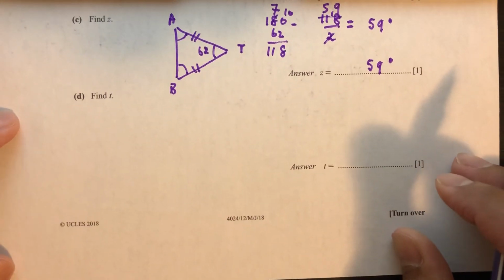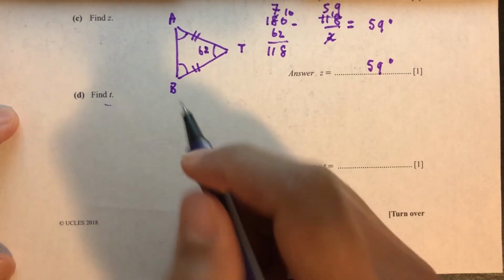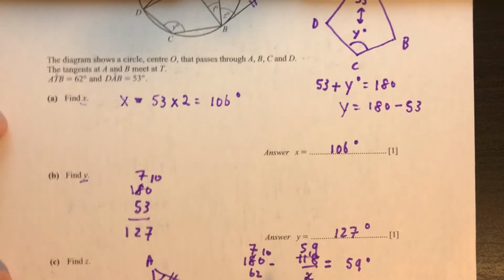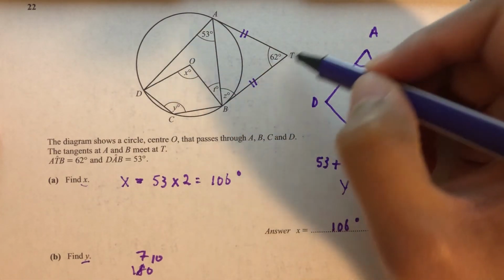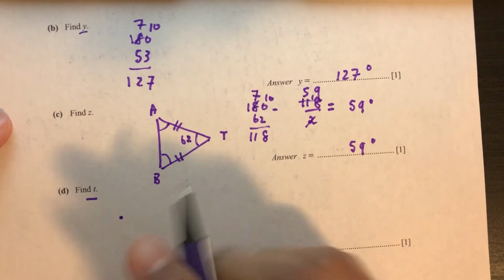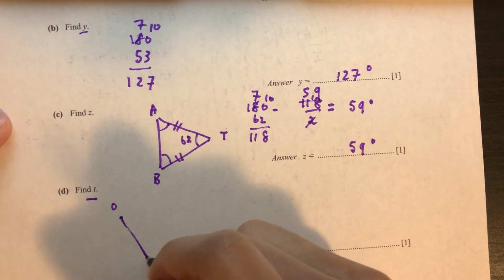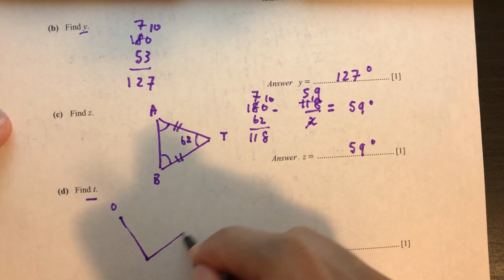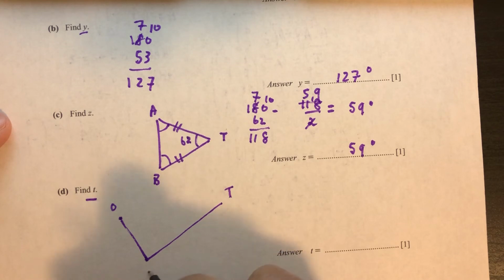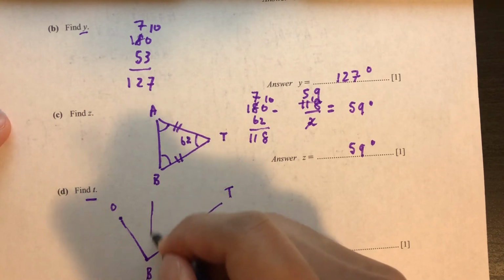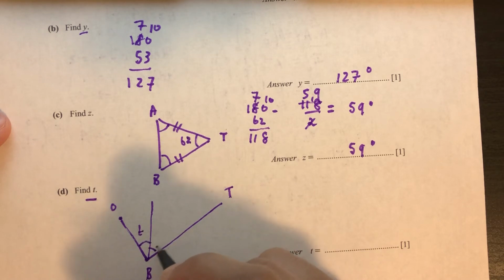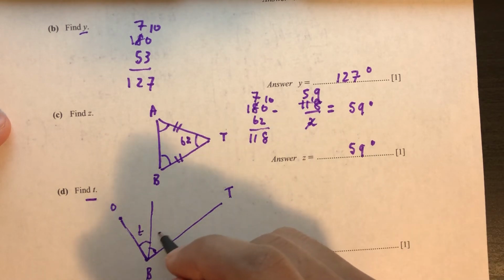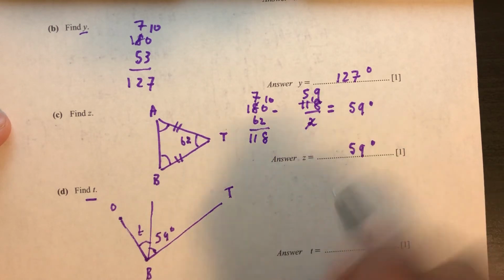So the last question will be find the angle T. On the drawing, we can see that O, that's O. That's the line joining to T. That's T, and that's angle B. So we are given that this is angle T, and this is z. z is not given to us, we just showed that it is 59.